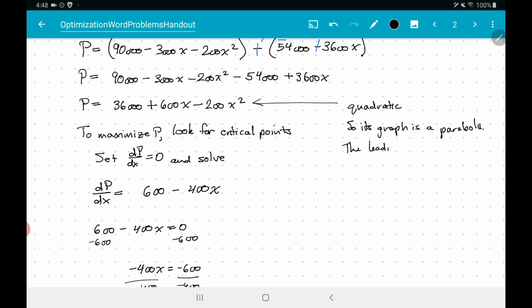Leading coefficient is negative, so graph opens downward.